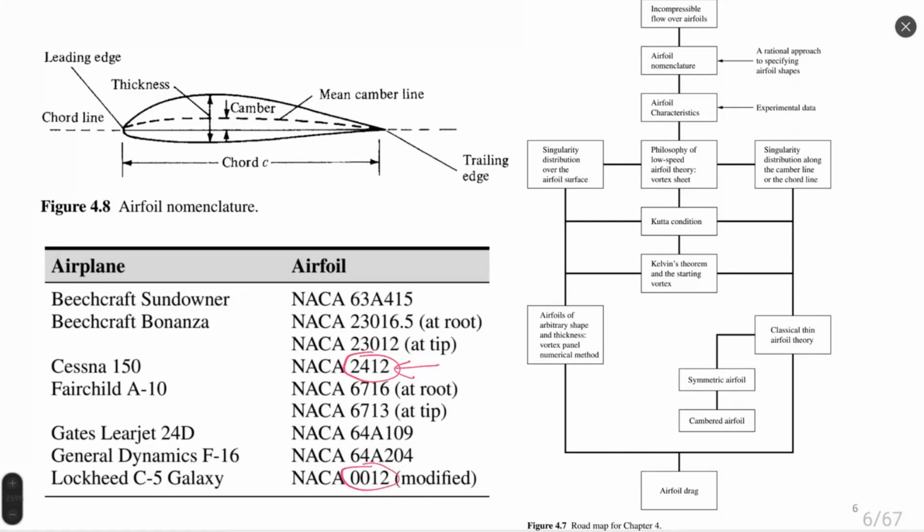But NACA 0012 is also very important because it's commonly used in control. Depending on the inclination of such an airfoil, the lift coefficient changes proportionally to the angle of inclination. So it's a linear characteristic, very important for control mechanisms.